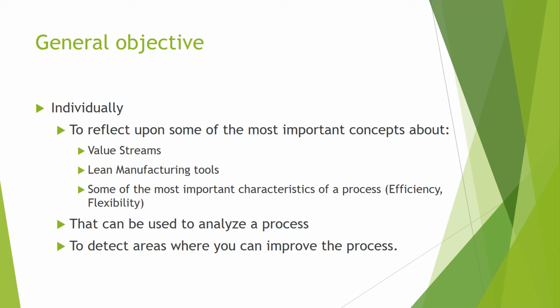So it is very important for you to get to know the basics of lean manufacturing, to be able to comprehend how flexibility and efficiency can be achieved together and can work together, right? And also, you are asked to detect areas where you can improve the process, areas of development, right?